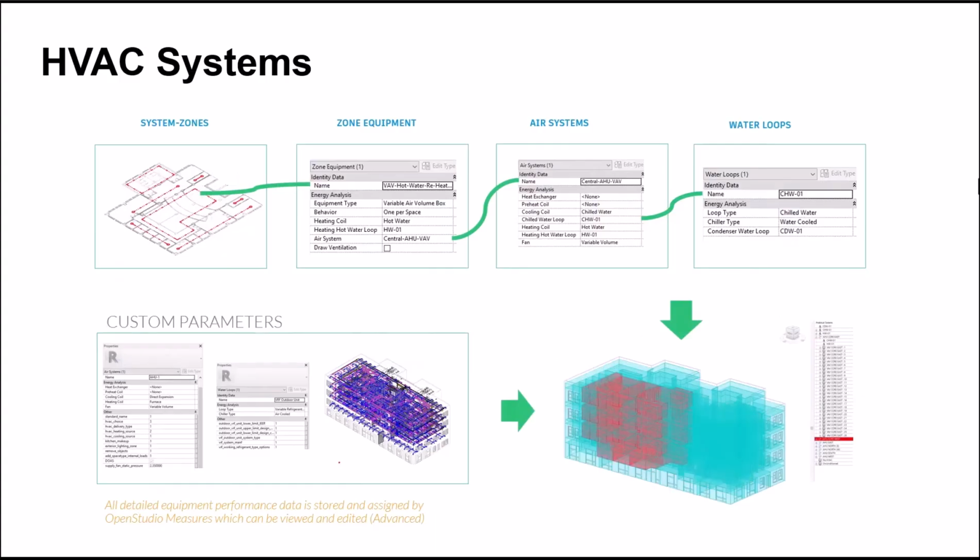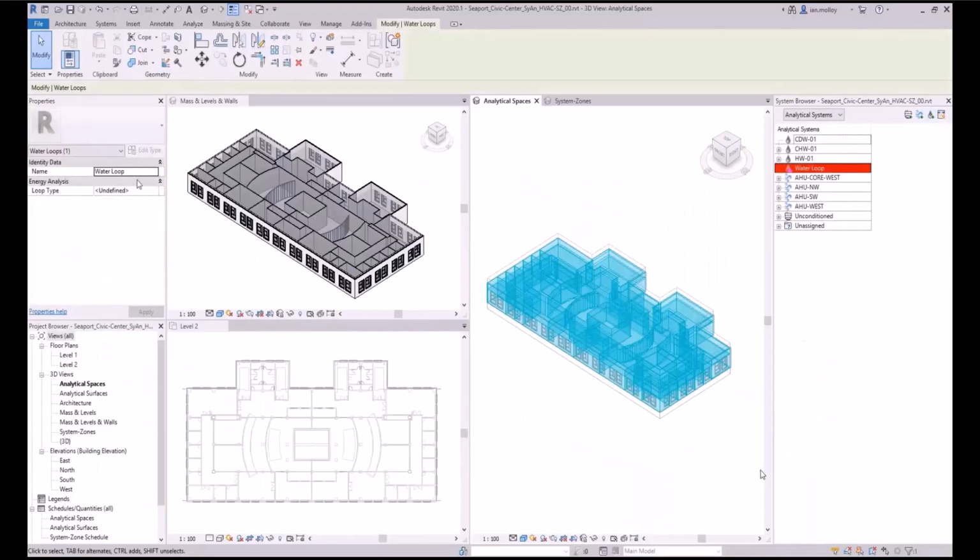Once we have analytical spaces and materials defined, we can move to assigning, for instance, HVAC systems. This is a critical step because the type of system we assign has a big impact on energy use, comfort, and simulation results. And in Revit system analysis, we work with four, let's say, key components: system zones, equipment, air systems, and water loops.